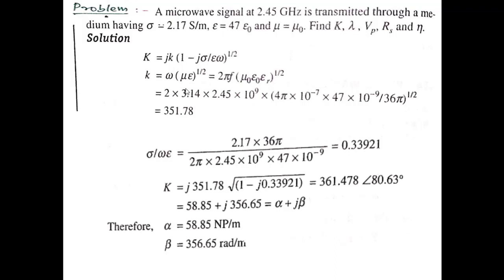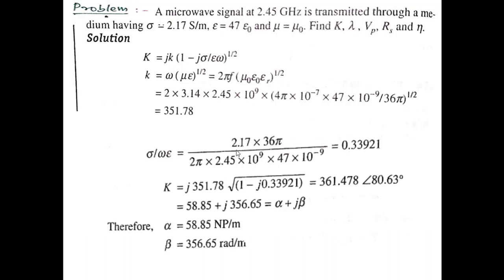Substitute the values of omega, mu and epsilon: 2 into 3.14 into 2.45 into 10 raised to 9 into 4 pi into 10 raised to minus 7 into 47 into 10 raised to minus 9 whole divided by 36 pi, raised to 1 by 2. We will get 351.78.